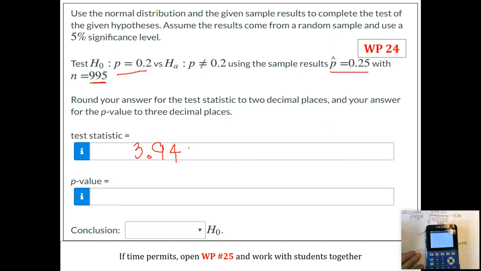So I bring up my calculator. I go to my normal CDF, number 2. I put in my low number at 3.94. That's my low cutoff. My upper cutoff is 1 E99. And it's always a 0 and a 1, always, because I'm on a z-test. And look how tiny this thing is.